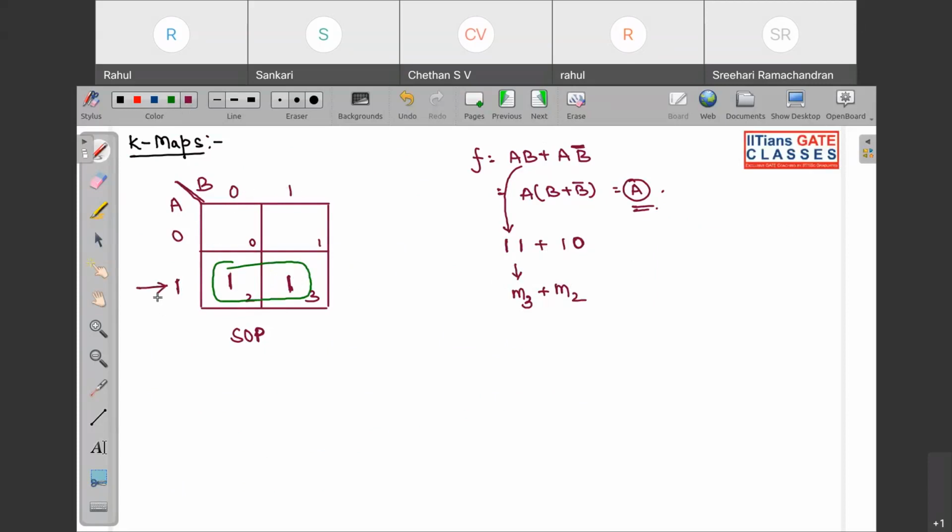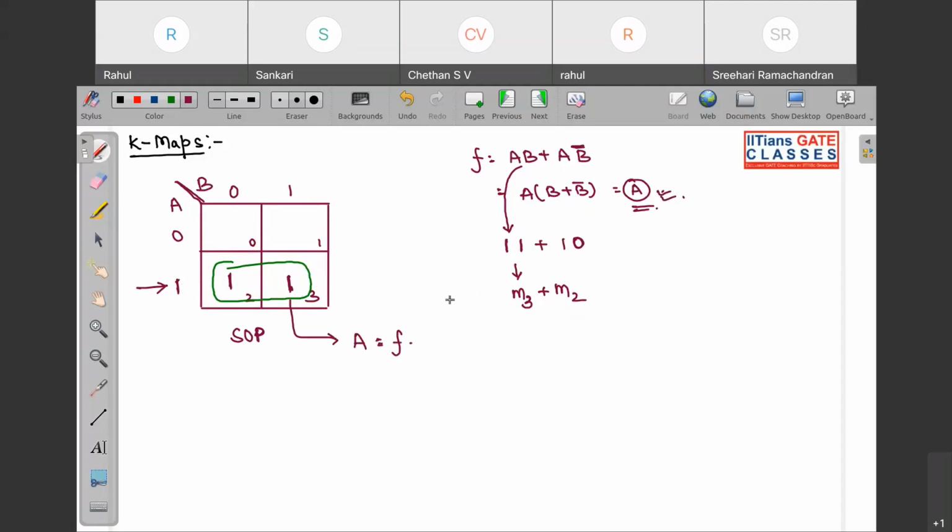But A equals 1 is common in both cells. So I could write this as A, because A is equal to 1 and 1 corresponds to the non-complemented form. That is why the function comes out to be A, and this is what we got.